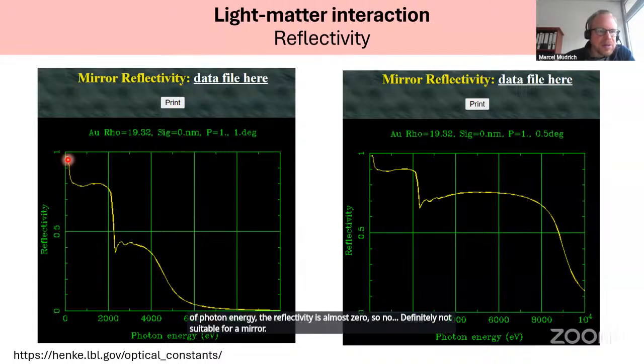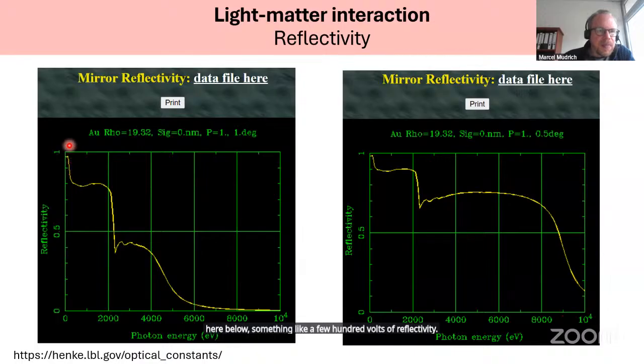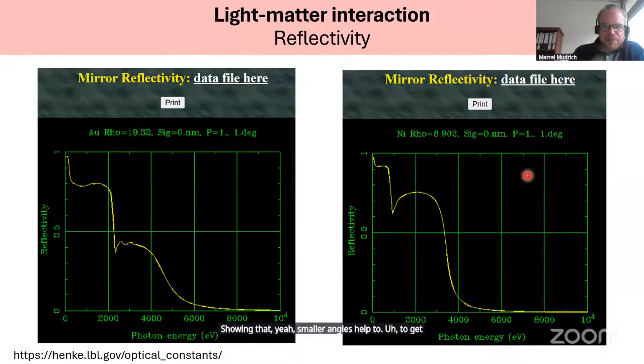Below a few 100 eV, the reflectivity goes up to 1, so this is almost perfect reflectivity. If we now reduce the angle to 0.5 degrees, then we get very high reflectivities, quite high up to 8 keV or so, showing that smaller angles help to get the reflectivity up.